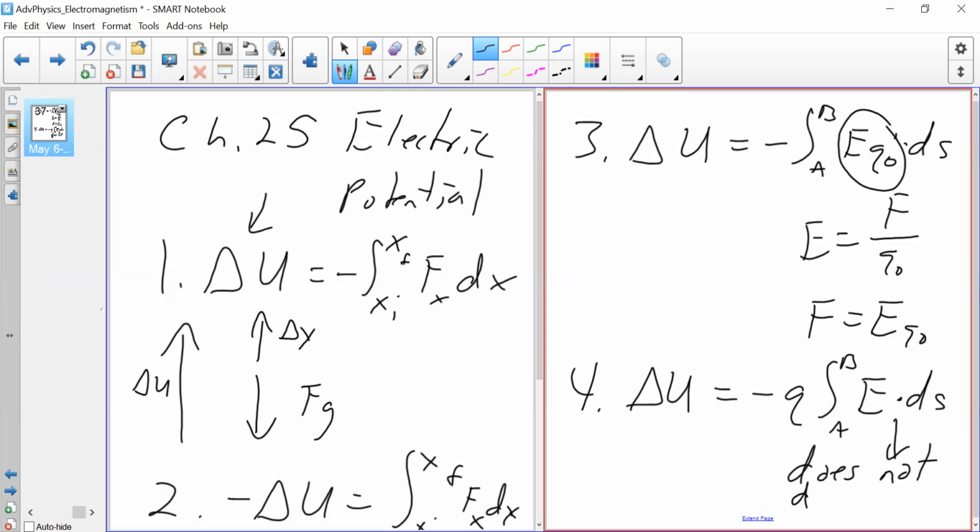So it does not depend on path. It's a line, and the path could be some squirrely thing, linear.